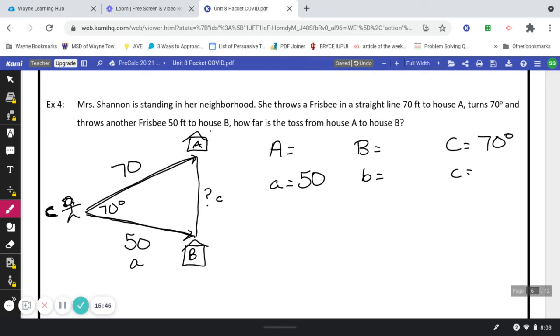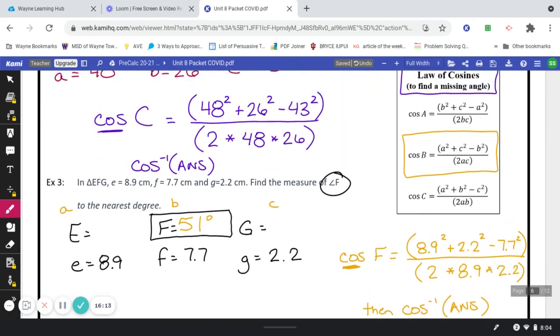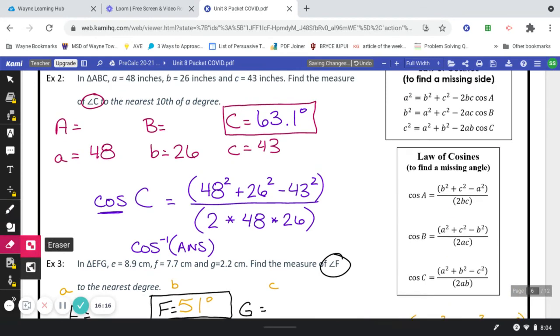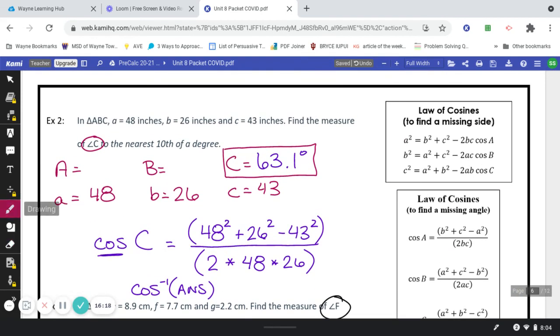And then house B is the bottom right, so 70 would be my side for B. And my goal is just to find lowercase c, side C, so that's all I'm looking for here. So take a look at all the equations that you have. Which one is going to help you find side C? So in order to find side C, we want to be working with this one right here.